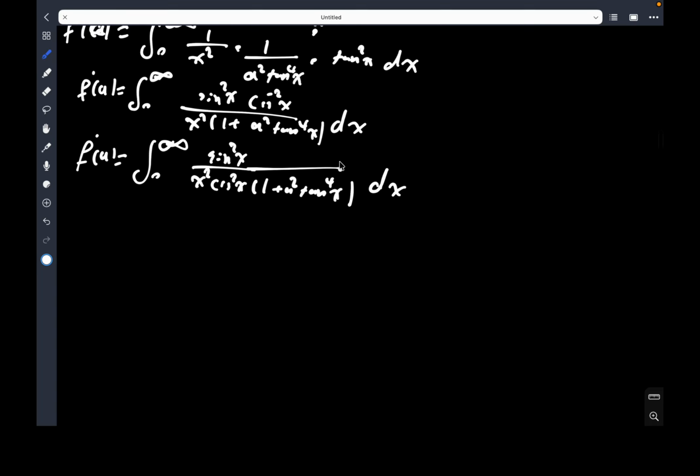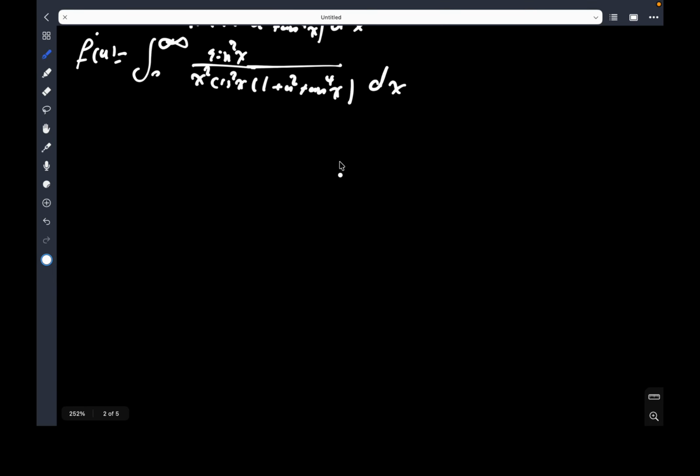Now we need to do a little bit of substitution here. First, we have to absorb this sine squared x over x squared according to our integral formula.